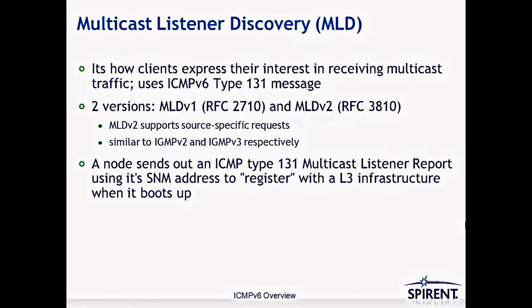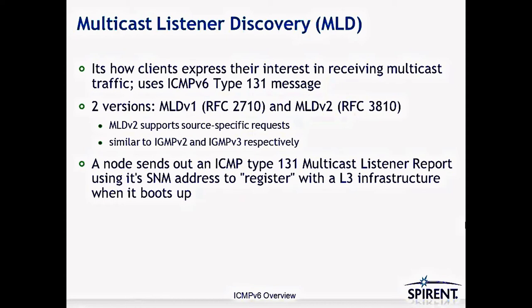Finally, ICMPv6 provides a framework for another common protocol, MLD, or Multicast Listener Discovery Protocol. Similar to IGMP for IPv4, Internet Group Management Protocol, it is a way for clients to express their interest in receiving multicast traffic, and it uses ICMPv6 message type 131.